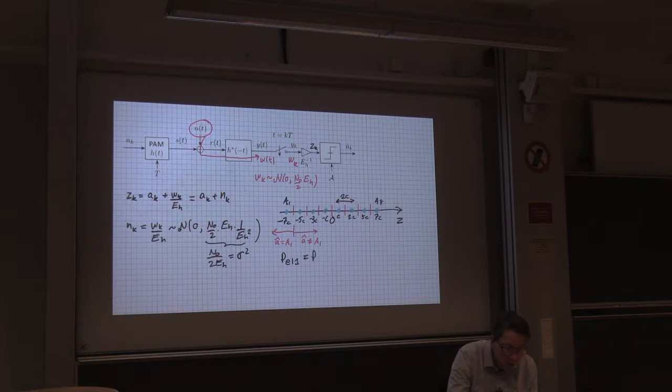Okay, so this is the probability of error given that A, the transmitted symbol, is equal to A1. Is the probability that Z is not, let's do it like this instead.